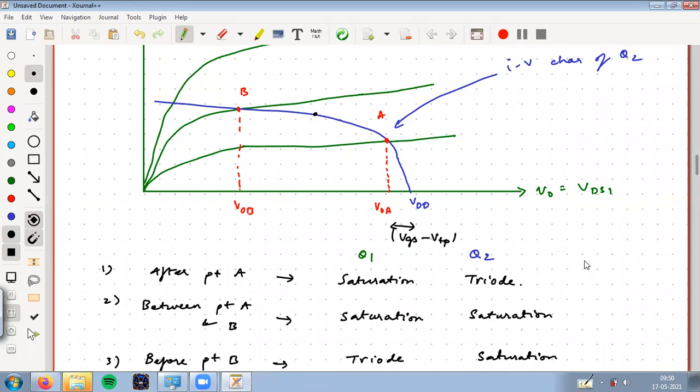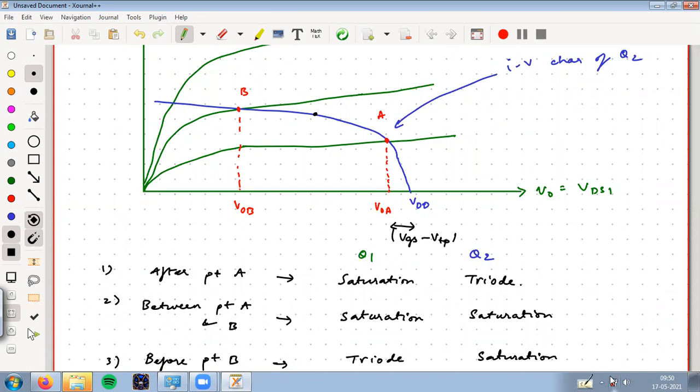Point B is the transiting point from triode to saturation region for the Q1 transistor, which is your NMOS transistor, and point A is the corner point or transiting point between triode region and saturation region for transistor Q2.